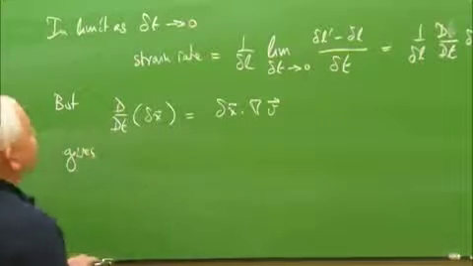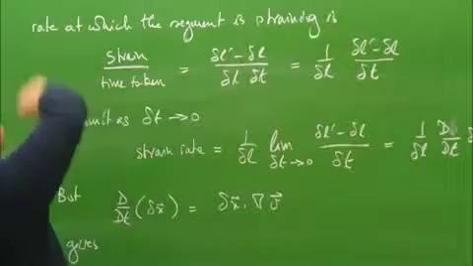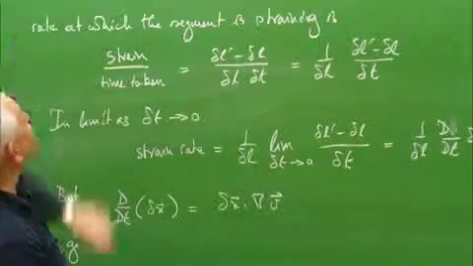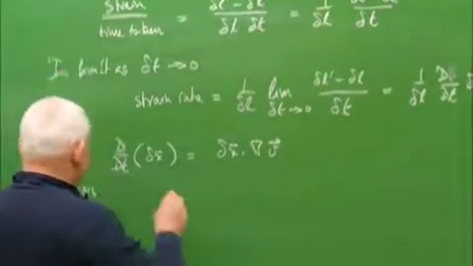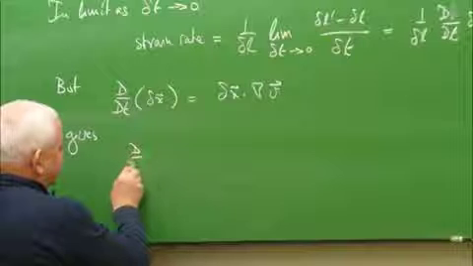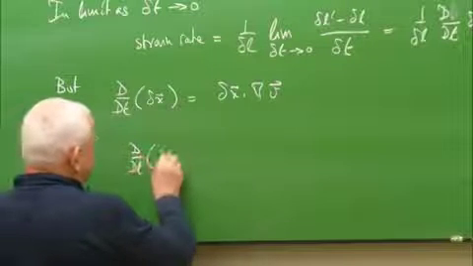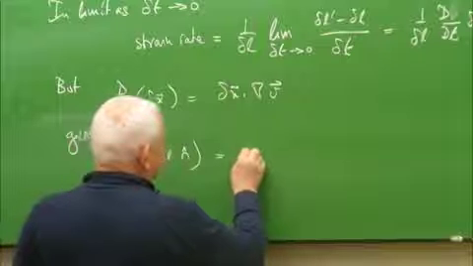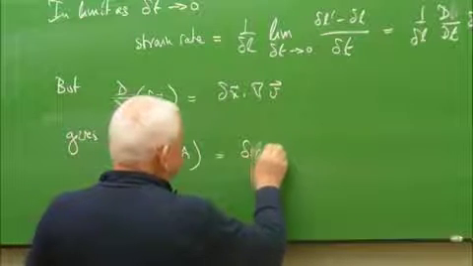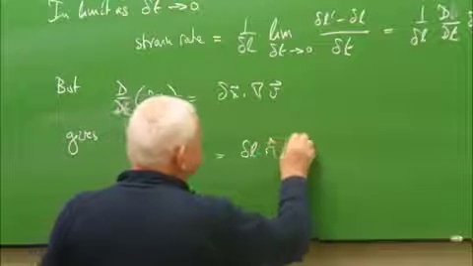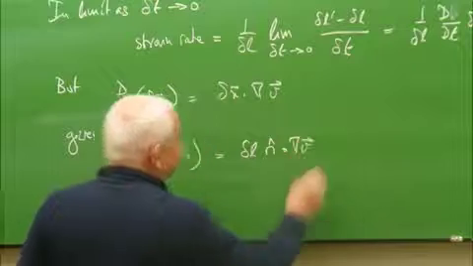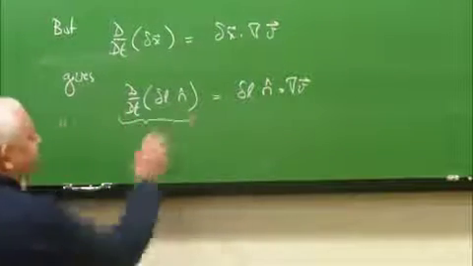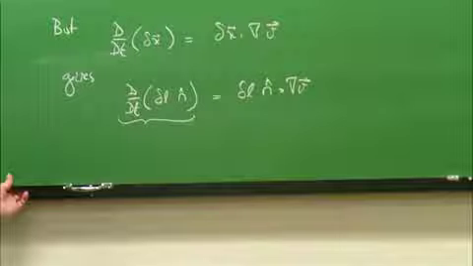I'm going to substitute now the relationship that relates the vector separation to the length that I'm interested in, and this gives me d/dt of delta L n hat is equal to delta L n hat with lambda on b. It's the quantity on the left-hand side that I must now rearrange.